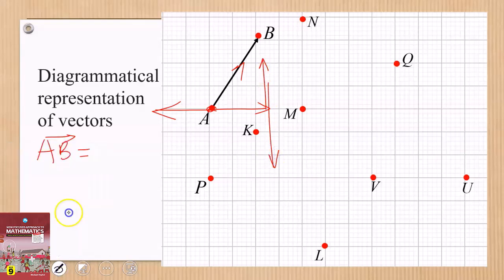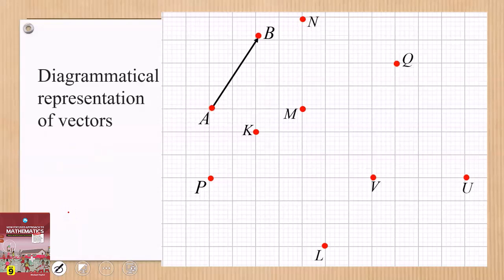So from point A to point B, we are going to move 1, 2, then upwards 1, 2, 3. And so vector AB will be (2, 3), positive 3.